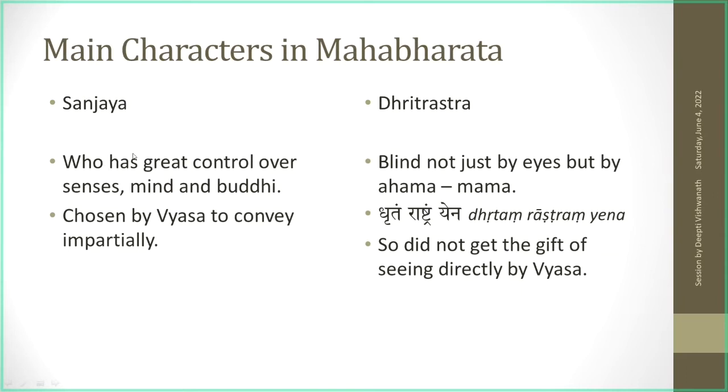Jeet liya. Achhe se jeet liya. Samjaya. Samyak jaya. Jayati. The one who has controlled completely. What? Senses, mind and buddhi. His entire jivatvam is completely controlled by him. What leads Shalya? What leads us, impulses, feelings, all that. Sanjay is one who has learned to conquer them.